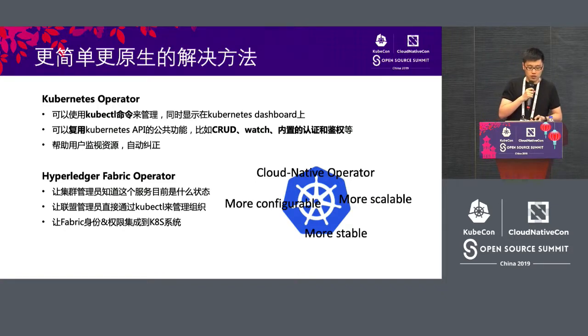And the third benefit is very cool. For operator, it can help users to monitor the resources and to correct the gaps between the current status and the expected status. So if you have a Fabric operator, what can we benefit from?